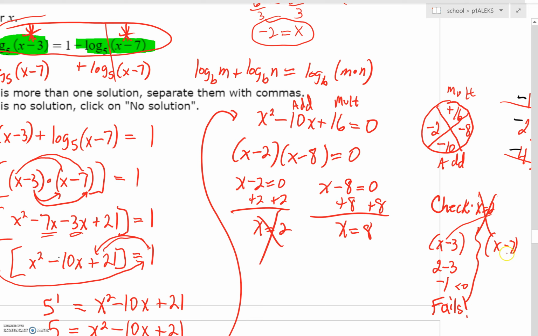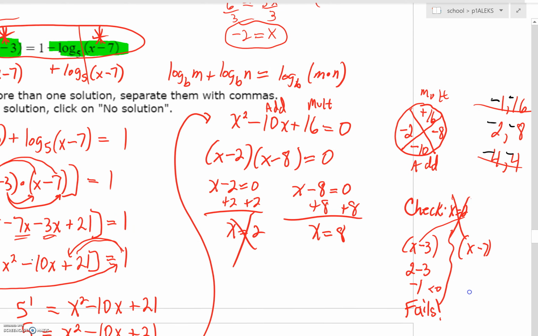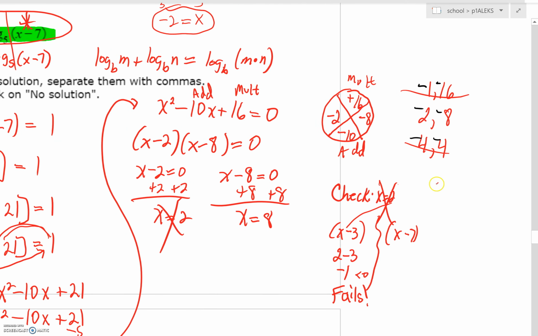You don't even have to check this other x minus 7. I mean, it's negative as well, but even if it wasn't, you're still done. It fails. For the first time in this lesson, we're seeing that a number could get plugged into a log and get you something negative inside the log. That can't be allowed. We should also, though, check 8 and see what's happening.